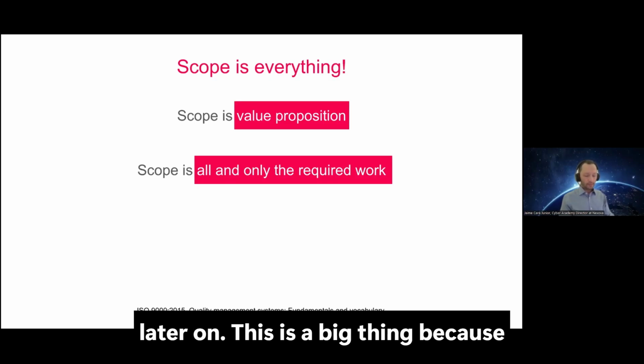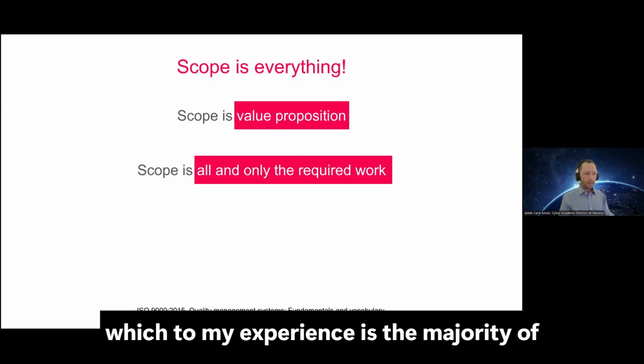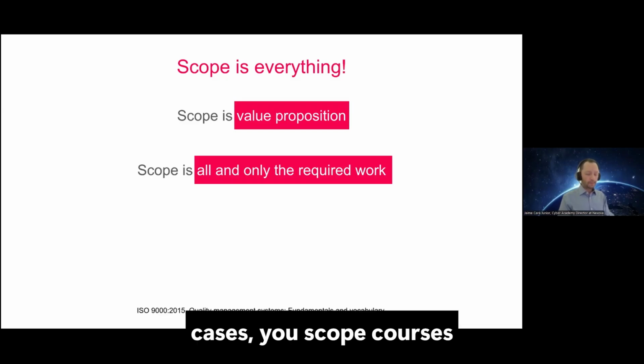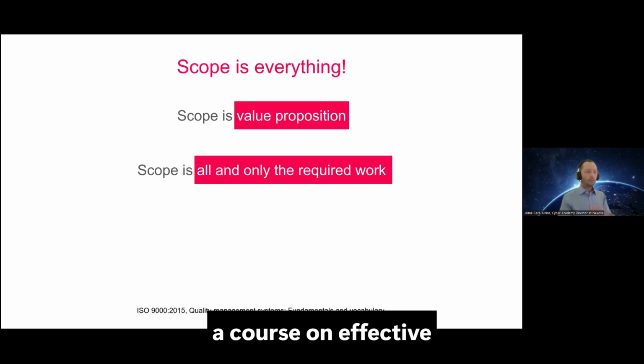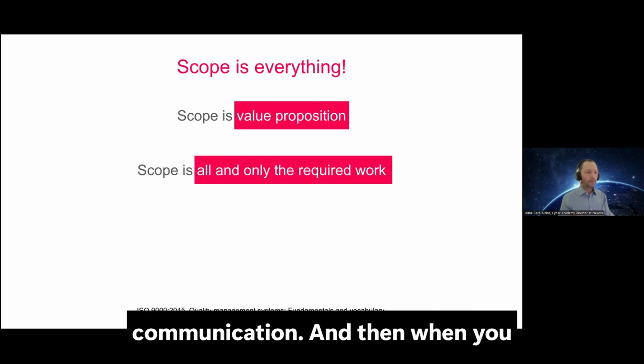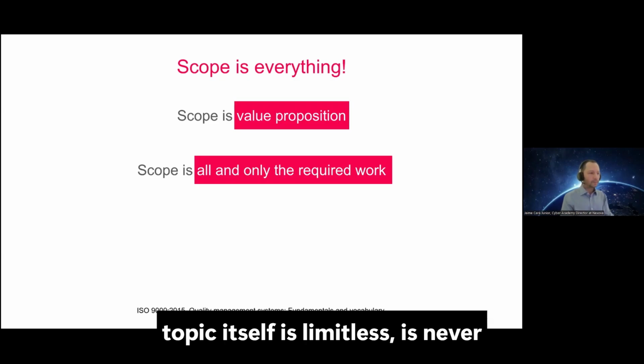This is a big thing because when you scope the wrong way, which in my experience is the majority of cases, you scope courses based on subject. So I'm going to do a course on effective communication. And then when you base your scope on a topic, the topic itself is limitless, never ending.